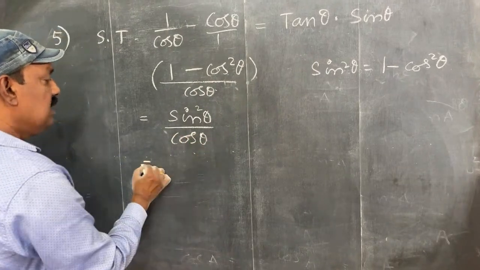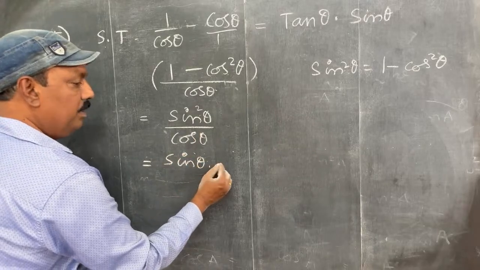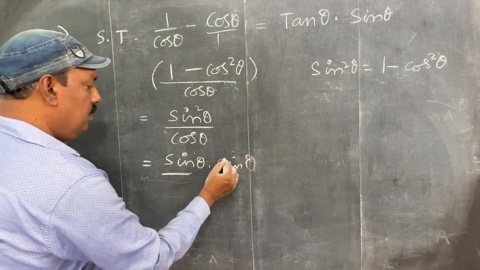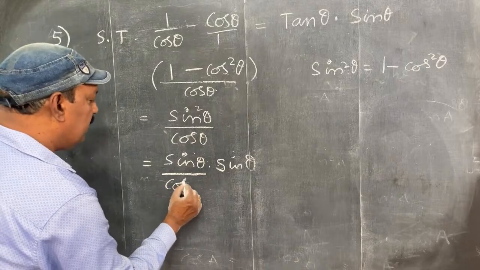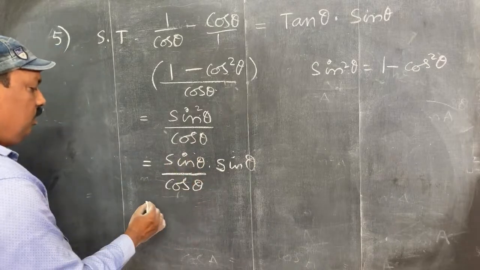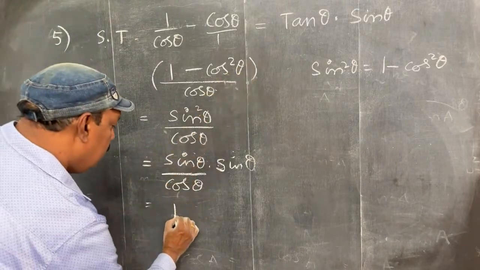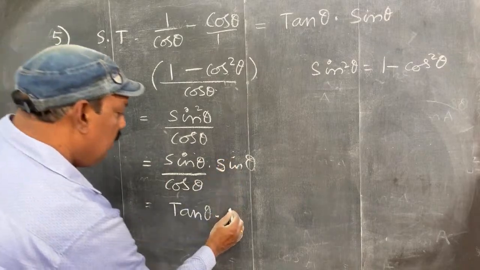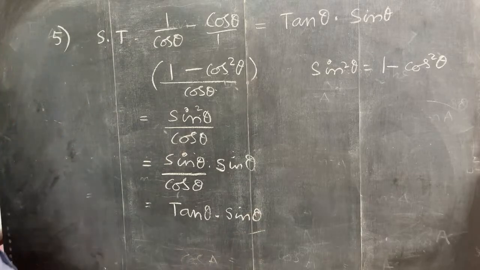Now sin square theta I can write as sin theta into sin theta, and the cos theta I am keeping as the denominator for the first one. So sin theta by cos theta I got as tan theta, and into sin theta. So whatever we wanted, we got here.